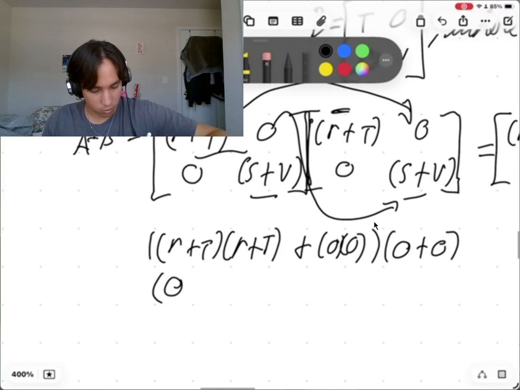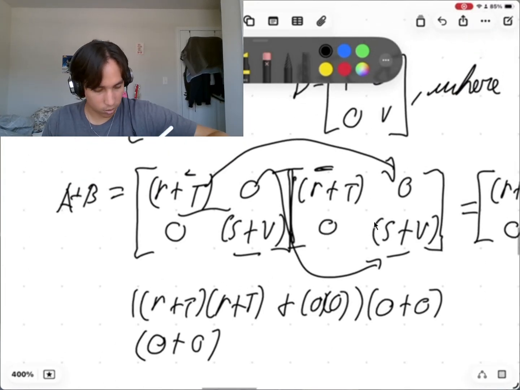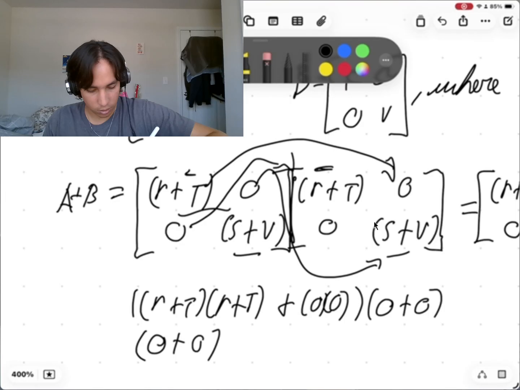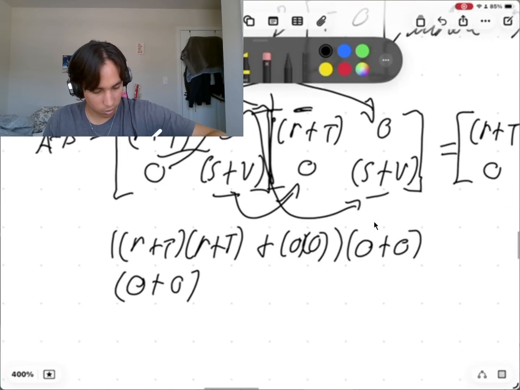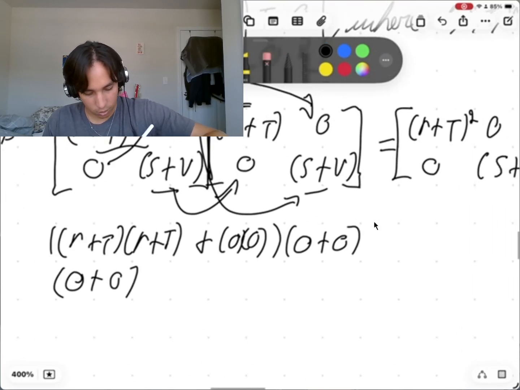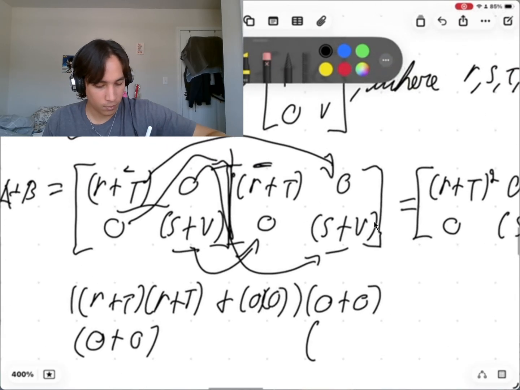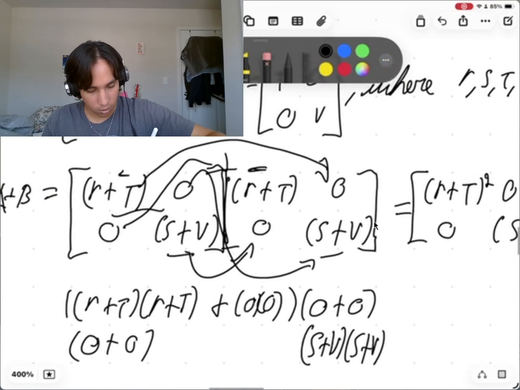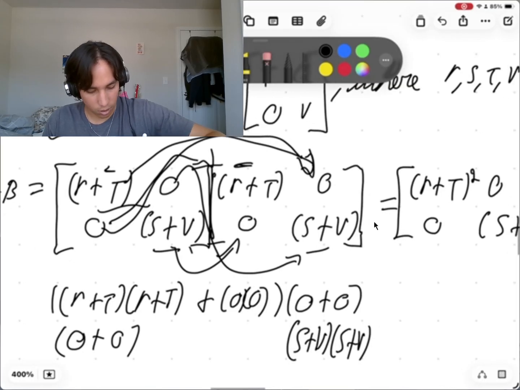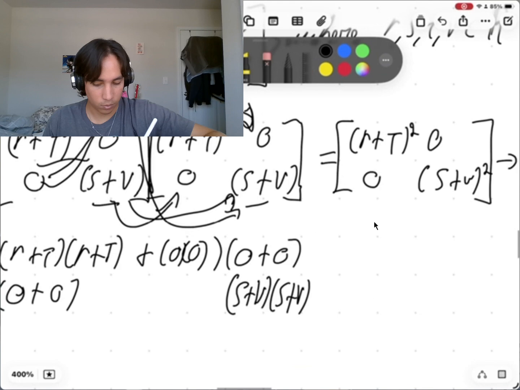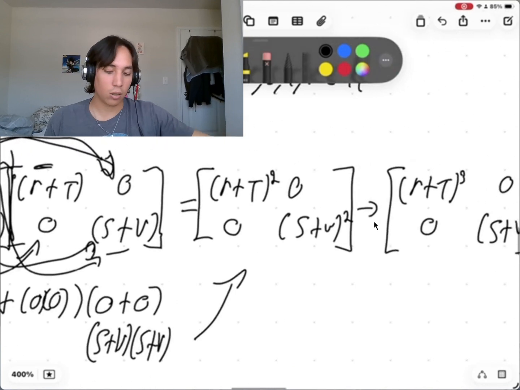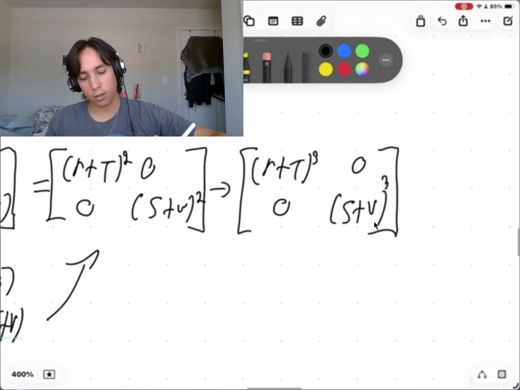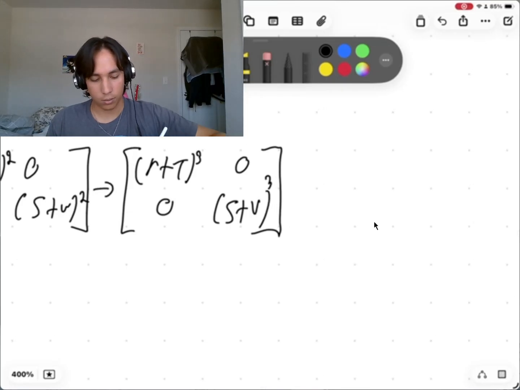Next is also 0 plus 0, because again this multiplies to the 0, and this multiplies to the 0 here. And then it's going to be S plus V squared, or S plus V times S plus V, because the 0s multiply to each other, and the non-zeros multiply to each other. So that's why we get R plus T squared and S plus V squared, and that's how we get to that.